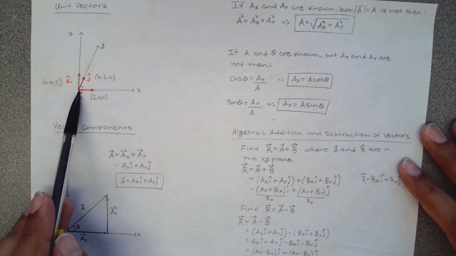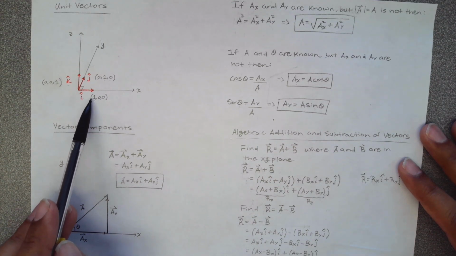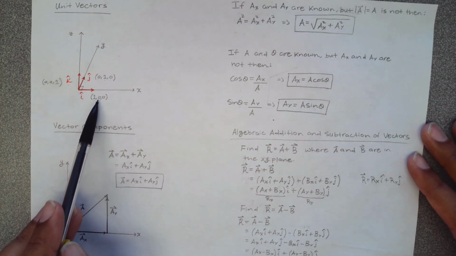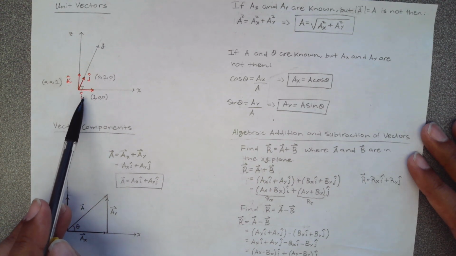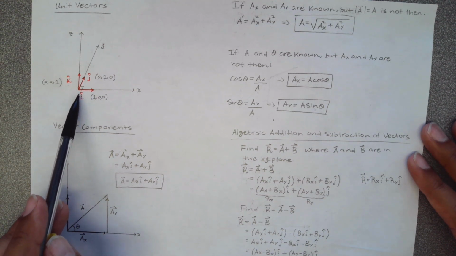The length of this vector is 1: one unit along the x-axis, 0 units along y, and 0 units along z. So this length is just 1, and we associate i hat with the x direction.